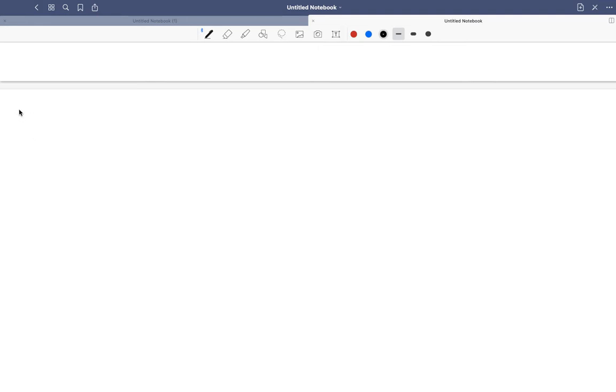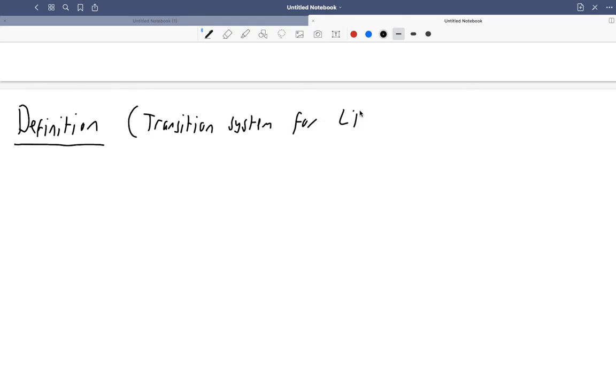So this particular definition is one good definition of transition system, but it's particularly tailored to using the definition to model the linear time temporal logic LTL. So this is a definition of transition system for LTL.